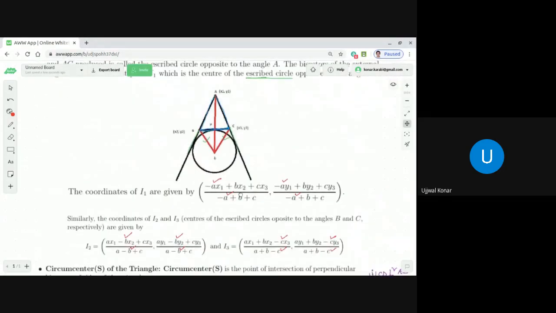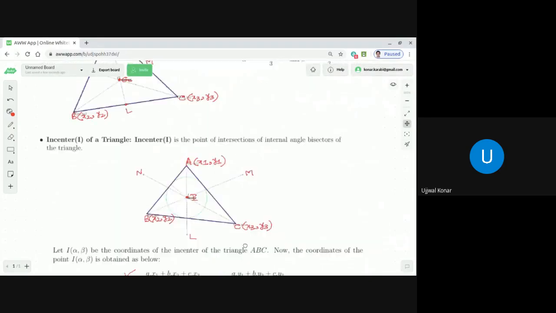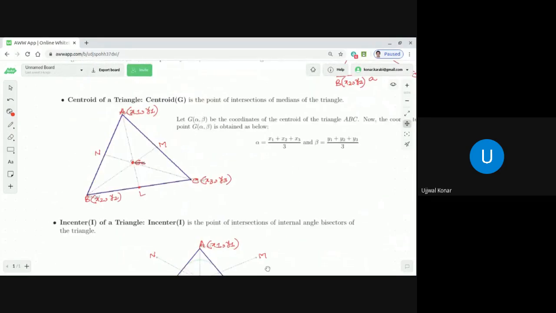The centroid is the intersection of the medians of the triangle. If x1, y1, x2, y2, and x3, y3 are the coordinates of the 3 vertices, then the centroid is x1 plus x2 plus x3 by 3, y1 plus y2 plus y3 by 3.